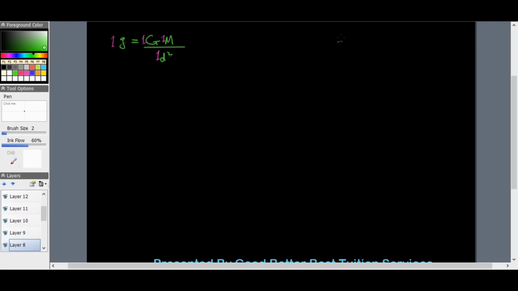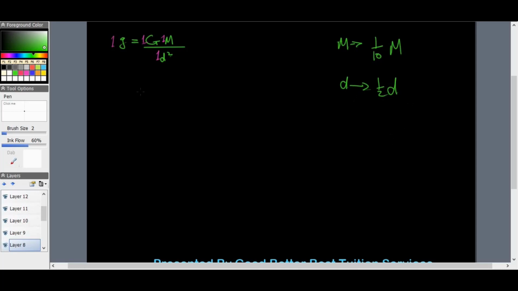So now they say that the mass has changed. So the mass is no longer 1, but rather 1/10 of the mass is Deimos. 1/10 of Phobos is the mass of Deimos. And they also say that the radius is half that. So half the radius of Phobos is the radius of Deimos. Half, D divided by 2.